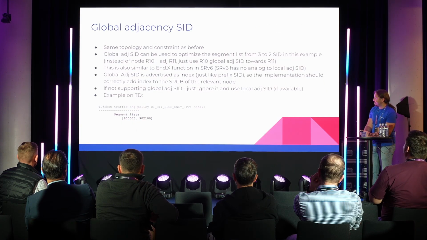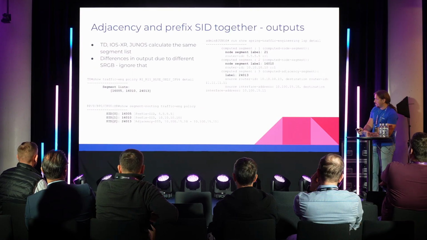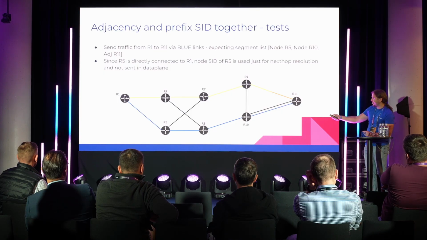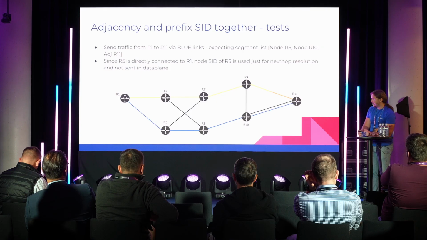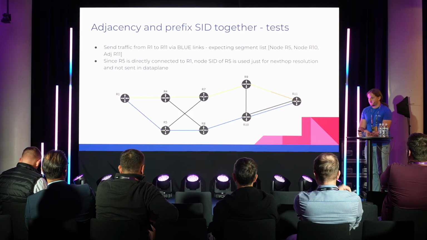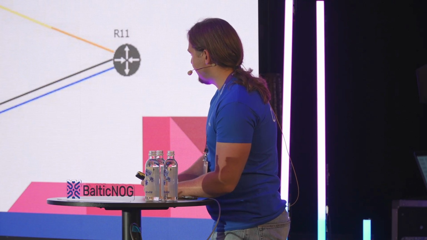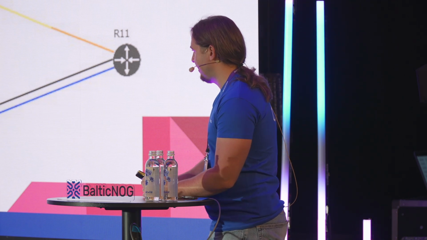Now, we want to introduce global adjacency SID. In the previous slide, we first steer traffic to R10, and then we use adjacency SID to R11, so we use two labels. With global adjacency SID, it's possible to optimize this to just one label. And unlike local adjacency SID, the global one is advertised as an index, so it's not advertised as an MPLS label.